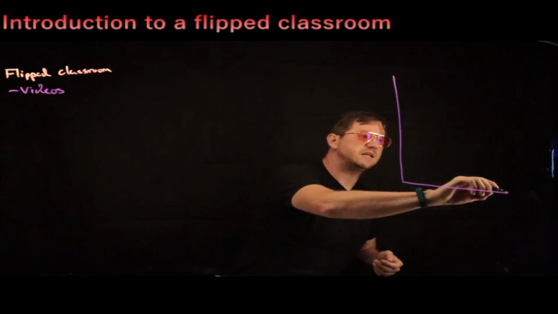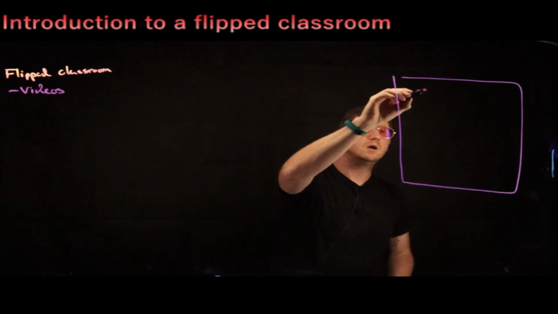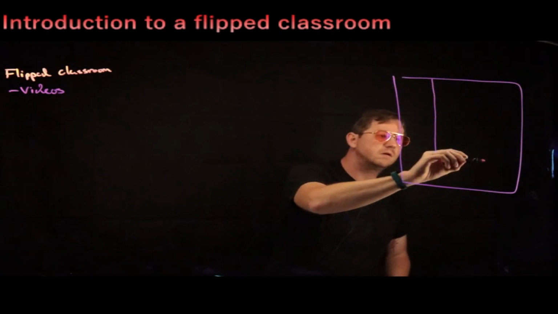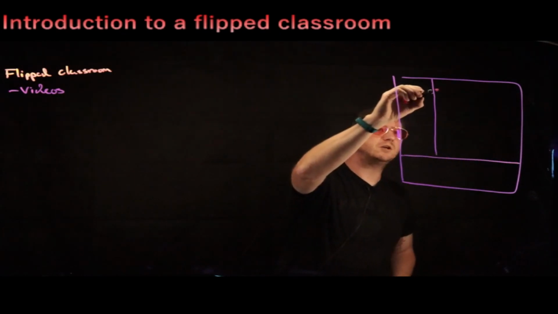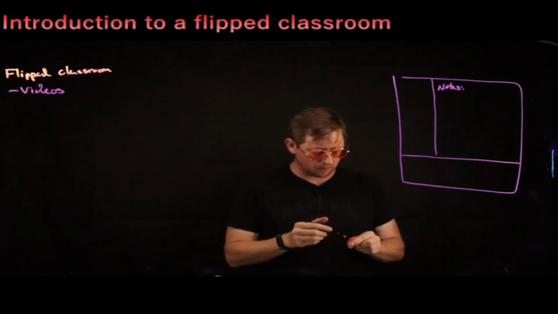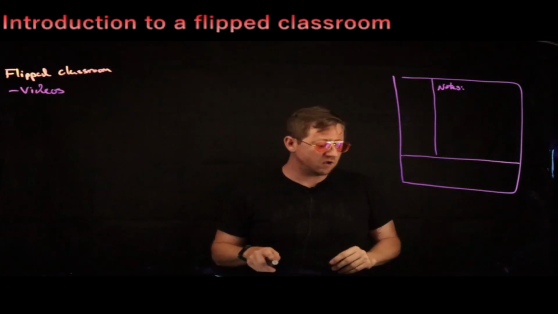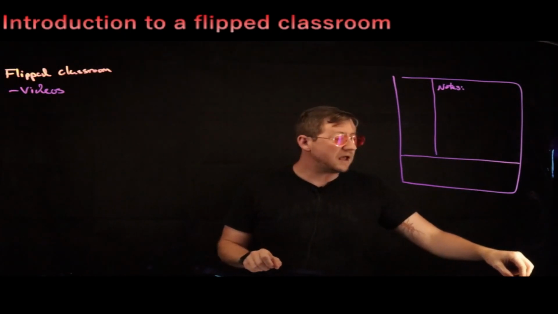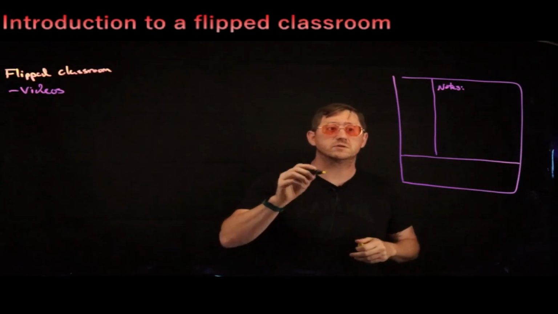Imagine this is a sheet of paper. On this sheet of paper, you're going to have a column here and here. You're going to take your notes here. You'll say, here's how to take a flipped class course. And then in this short column here, you're going to have cues or prompts that we're talking about.